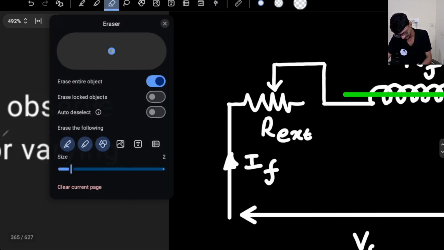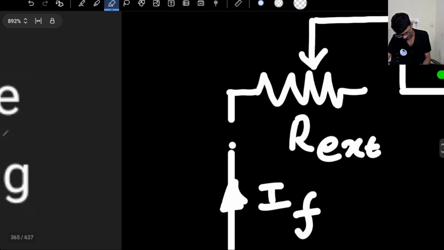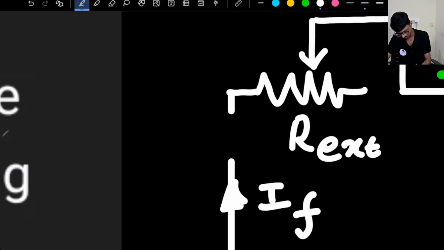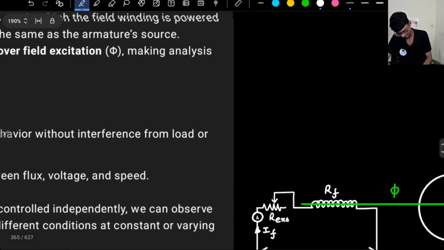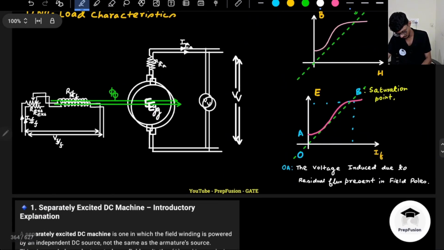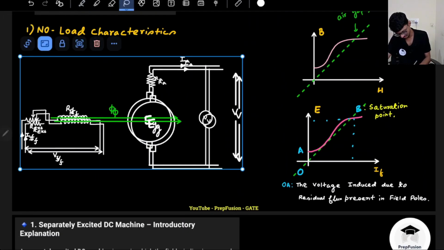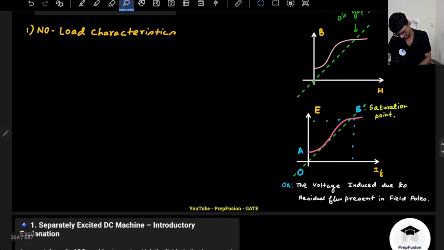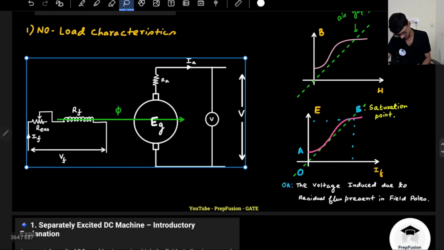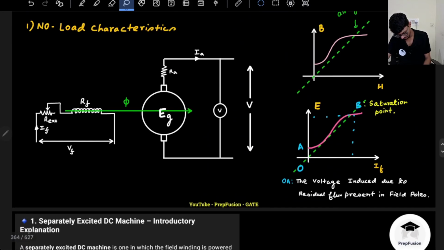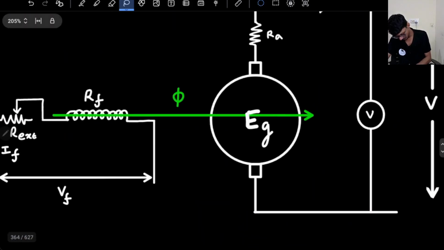I forgot to place the ammeter. My apologies. So the ammeter will be here.